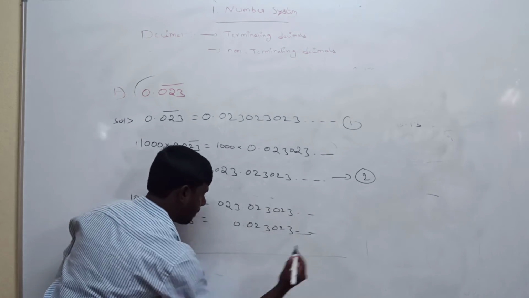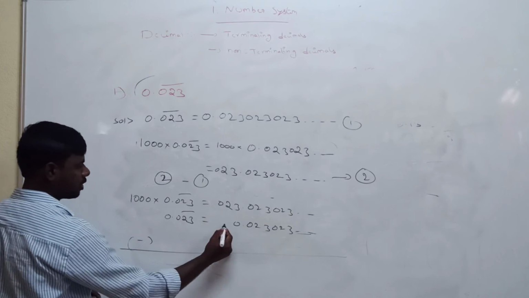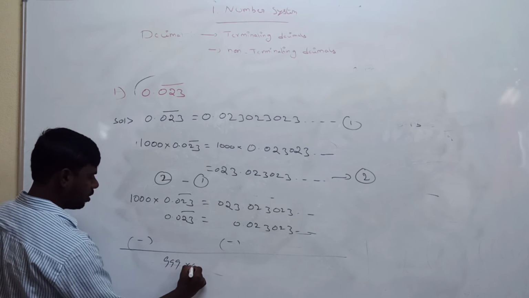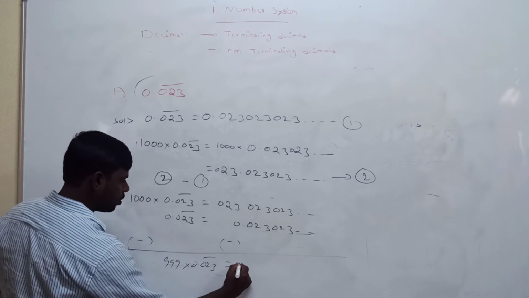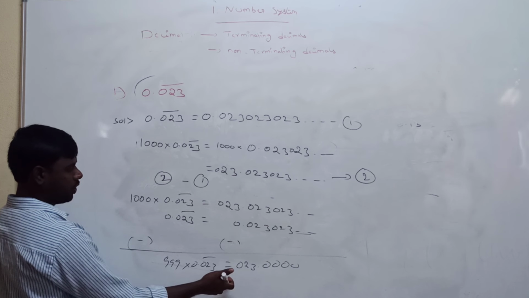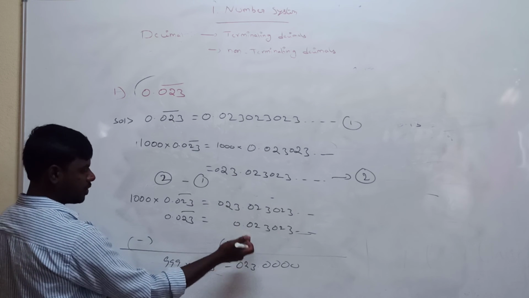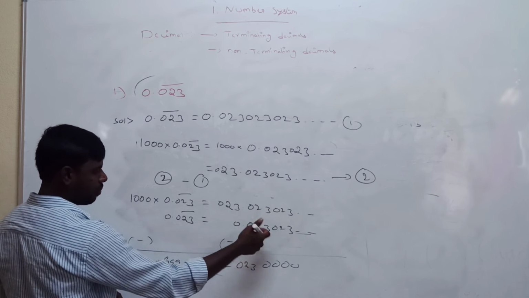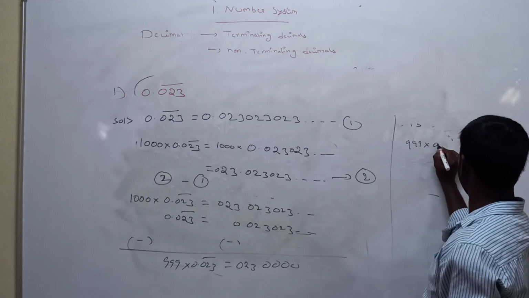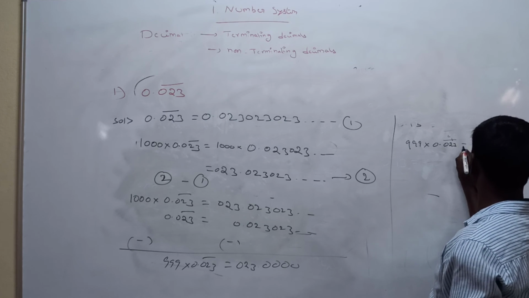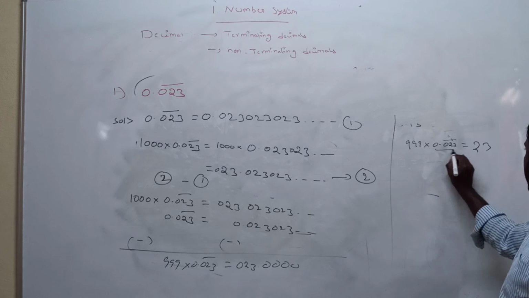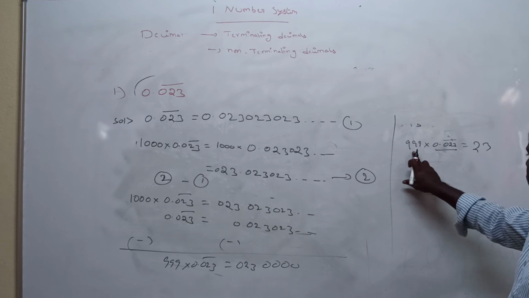On subtracting, the plus signs change to negative. 1000 minus 1 is 999 into 0.023 bar, which is equal to 23.000. 0 minus 0 is 0, 2 minus 0 is 2, 3 minus 0 is 3, and the remaining everything will be 0. So finally you get 999 into 0.023 bar is equal to 23.